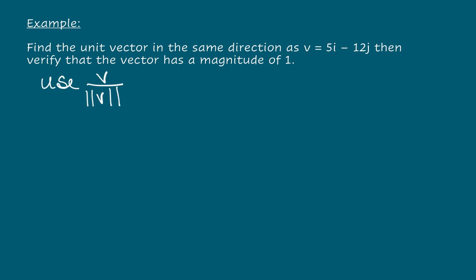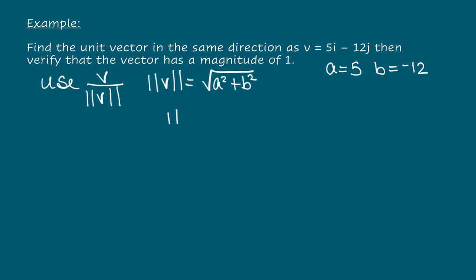Now remember, we learned that magnitude is calculated using the square root of a squared plus b squared. And in our vector, a is equal to 5, b is equal to negative 12.